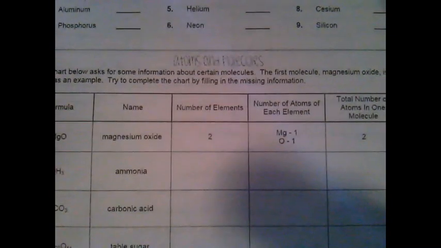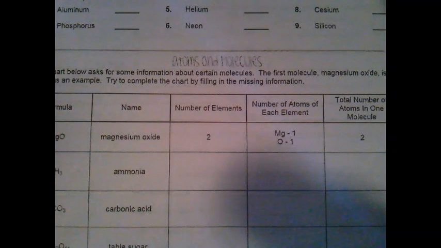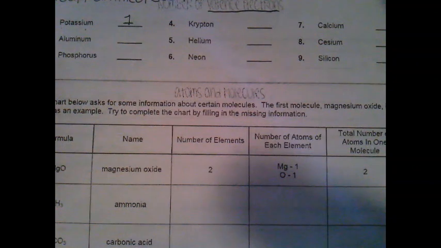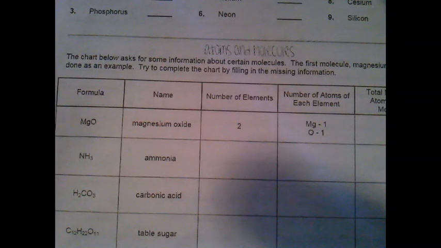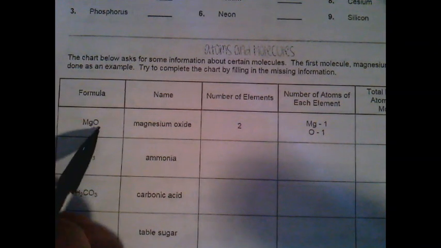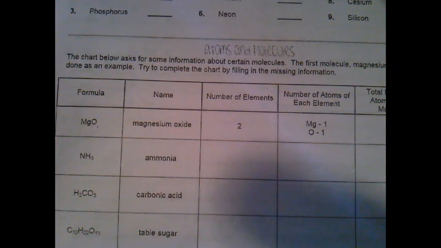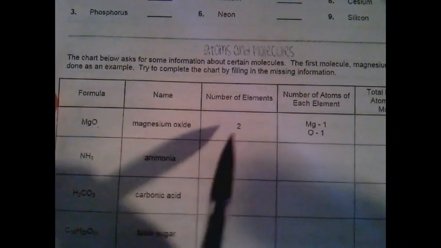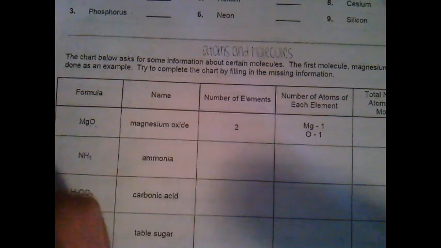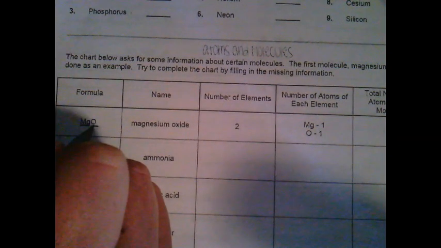All right. So this is atoms and molecules, and again, this has to do with the number of atoms in a formula and how many are there. It's the same exact thing that we did up here, except you're going to write it out. There's already one filled out for you. So we have magnesium oxide. Magnesium oxide shows us that there are 2 elements. Here's one element and here's another.